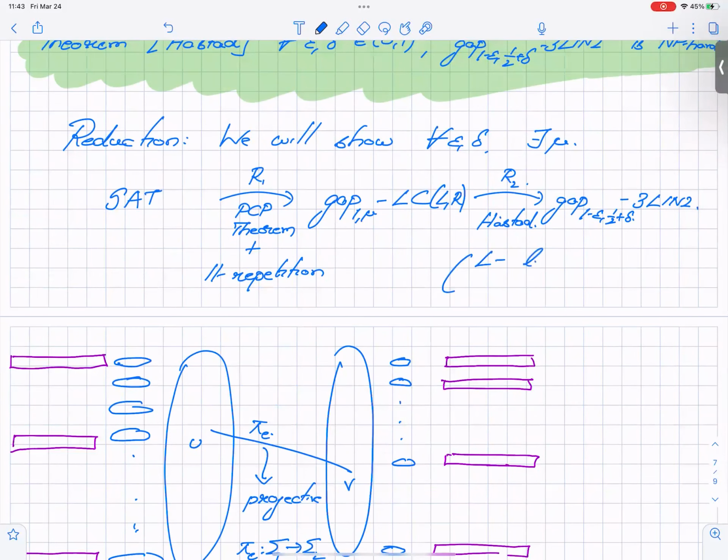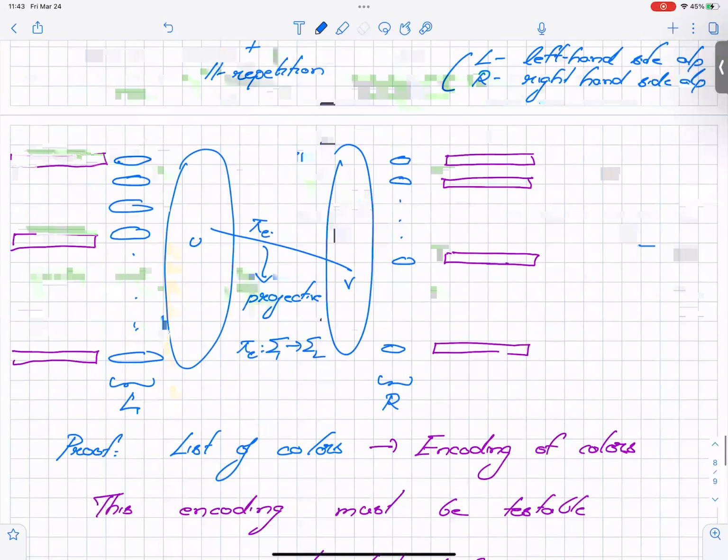L is the left-hand side alphabet, and R is the right-hand one, so this projective constraint is actually going from L to R. So we need to first come up with an encoding which has all these features.